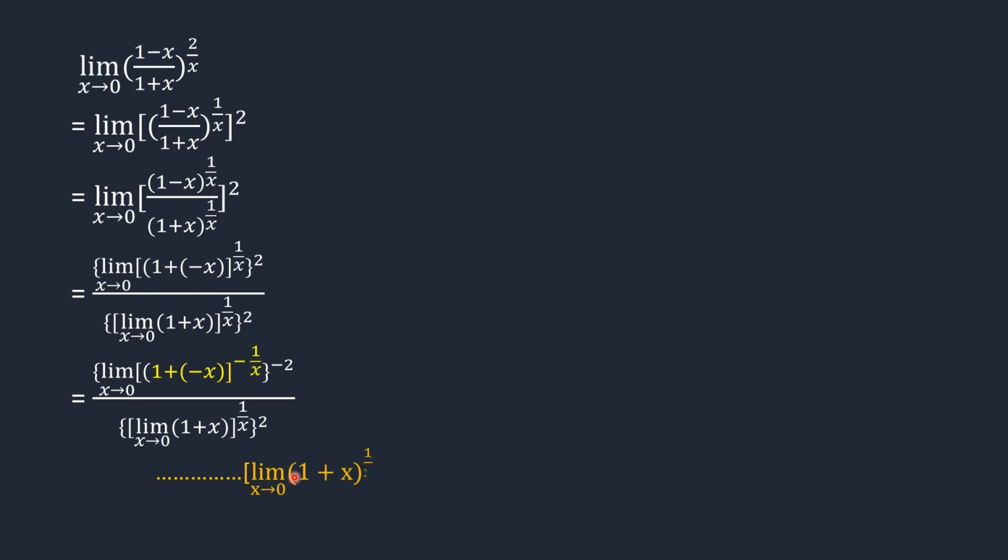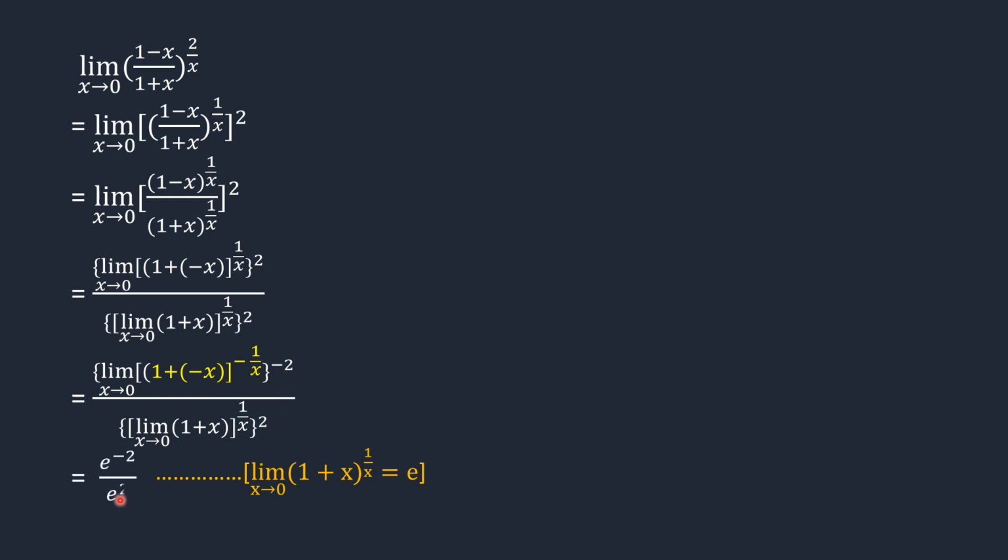Limit 1 plus x to the power 1 over x as x approaches 0 is e. Therefore, the limit in the curly bracket in the numerator will be e, and the limit in the curly bracket in the denominator will also be e, but each of them will be raised to the power minus 2 and 2 respectively.